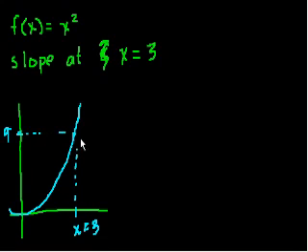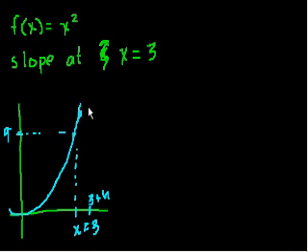So what we do is we take a point, maybe a little bit further along the curve. Let's say this point right here is 3 plus h. And I keep it abstract as h because, as you know, we're going to take the limit as h approaches 0. And this point right here is what? It's 3 plus h squared, right? Because the function is f of x equals x squared.